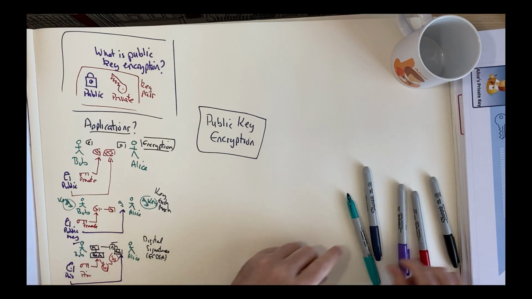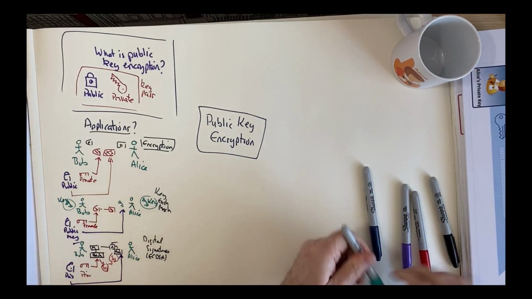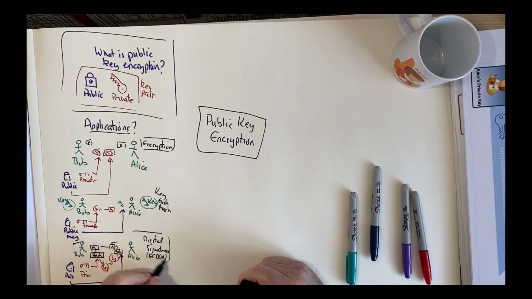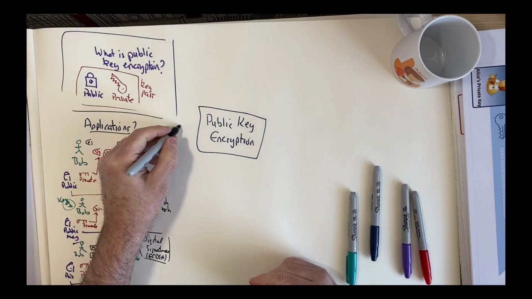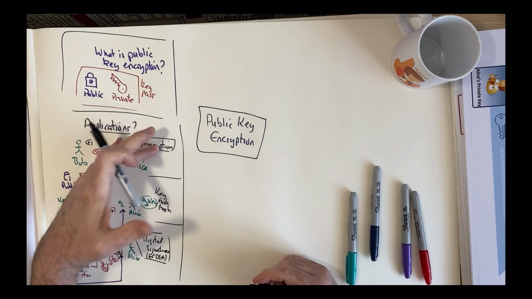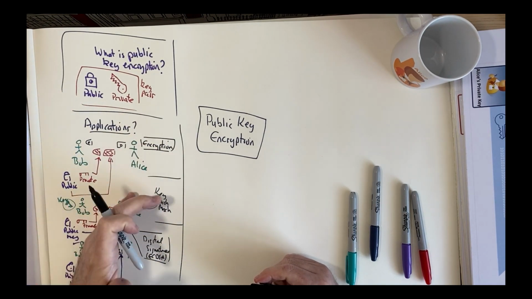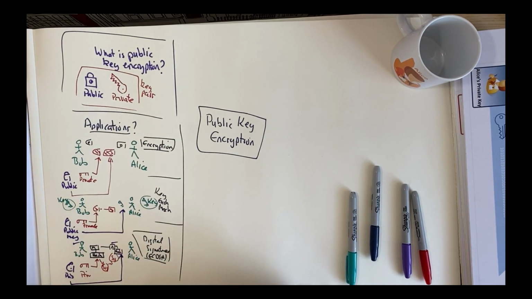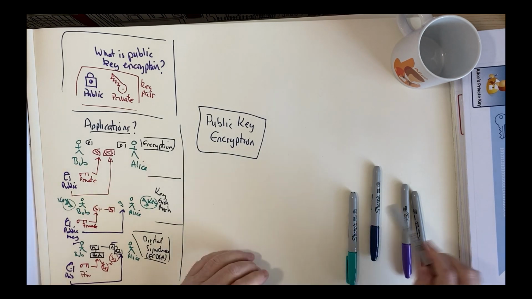So this is digital signatures, and it's the third area that we would use our public key encryption. Okay, encryption, public key encryption, key exchange, and in digital signatures.